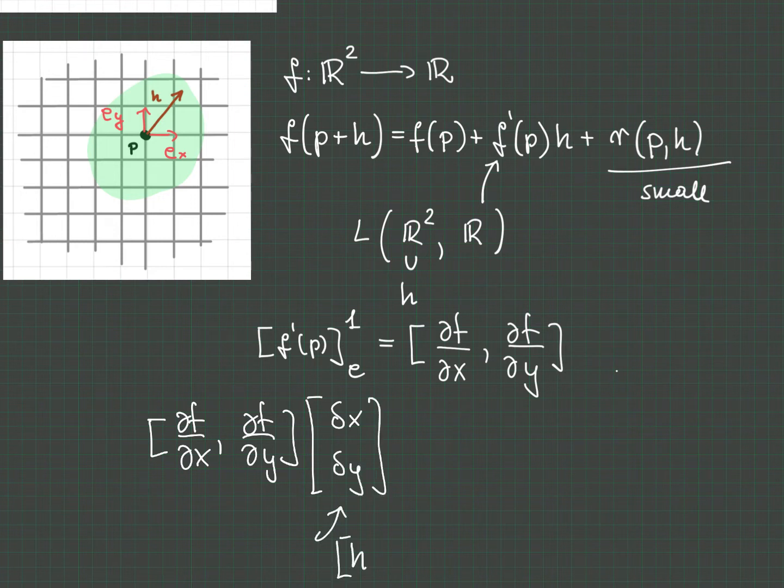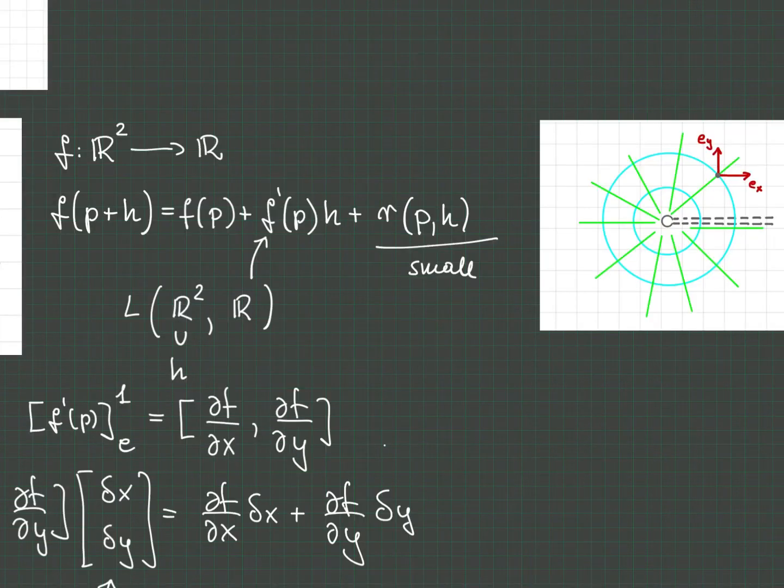This is my h written in basis e, and the action is usual: df dx multiplied by delta x, plus df dy multiplied by delta y. Let us notice that in this formula no coordinates are used. This is the point where I differentiate. This is the displacement. This is the linear map.